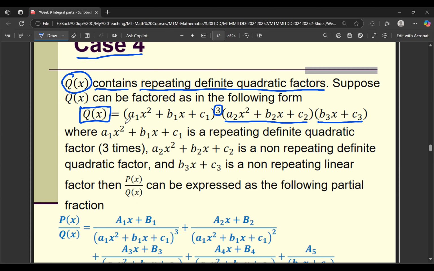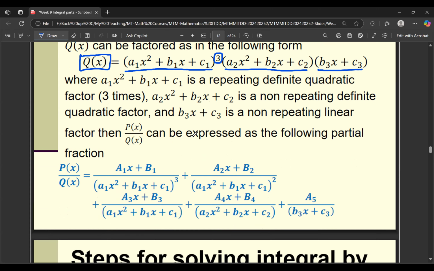So we have the quadratic term repeating three times, one non-repeating definite quadratic factor, and one linear factor. So we have 3 plus 1 plus 1, five components.